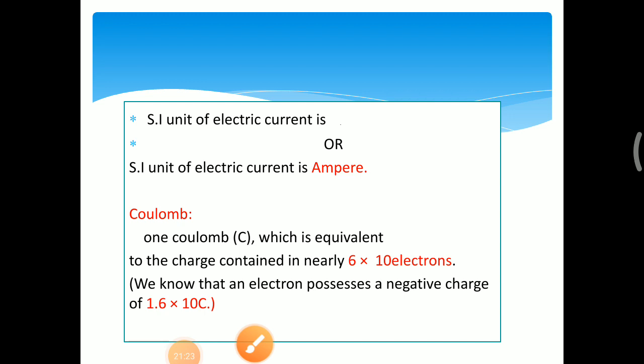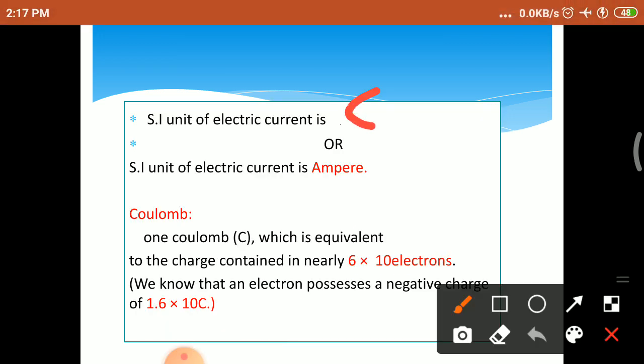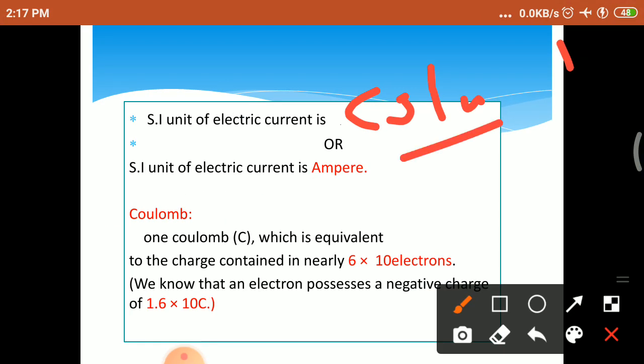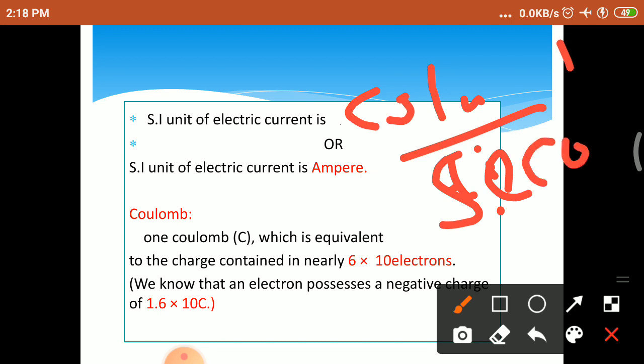So the SI unit of electric current is, one word is missed, coulomb per second, because I equals Q by t. Q is coulomb, t is second. So coulomb per second is the SI unit of electric current. Otherwise, we can say that the unit of electric current is ampere.